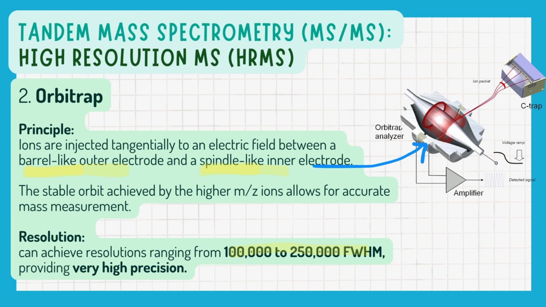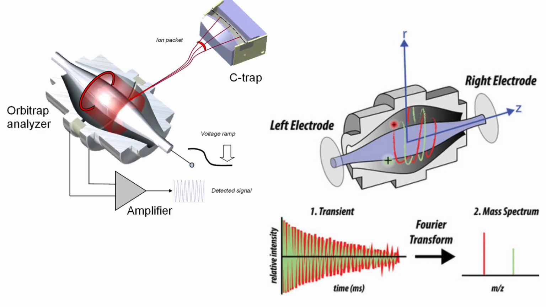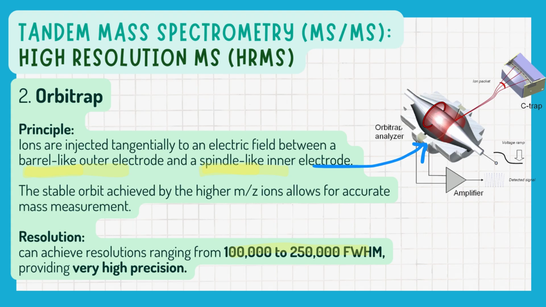We also have orbitrap. Here, the ions are injected tangentially into an electric field between a barrel-like outer electrode and a spindle-like inner electrode. So, better look at the spindle-like inner electrode. The stable orbit achieved by the higher mass-to-charge ratio ions allows for accurate mass measurement.